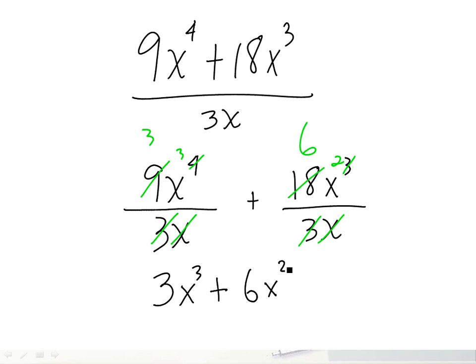Now, is that the same answer we had before? Yes, it is, because if we distribute what we had before, we would get 3x cubed plus 6x squared.